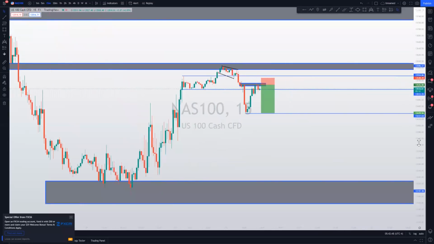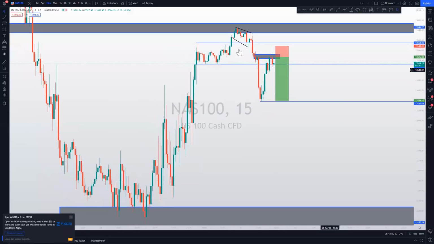If fundamentals are coming and I have a setup like this, I'll just set a tight stop loss. If it hits my stop loss, it means it didn't go well. If it hits my take profit, then I did well. So that's how I look at it. I don't stress myself that fundamentals are coming.